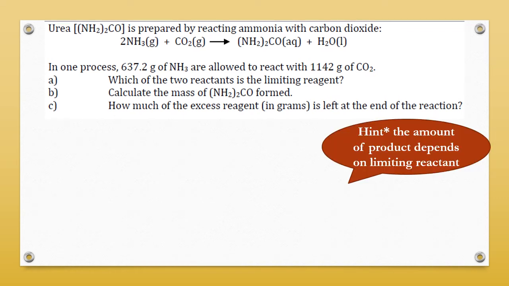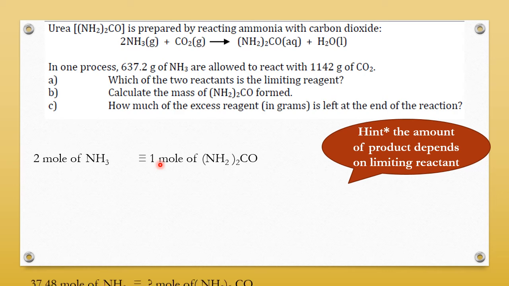So question B, calculate the mass of the urea. As I mentioned just now, the amount of product depends on the limiting reactant. So for our stoichiometry relation, we have to use the ammonia to compare with urea. So 2 mole of ammonia will produce 1 mole of urea.